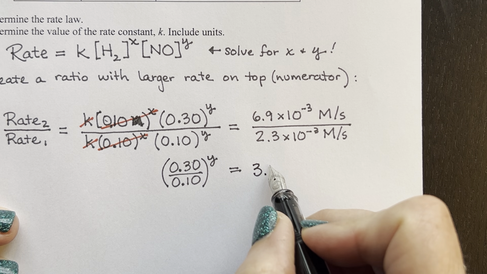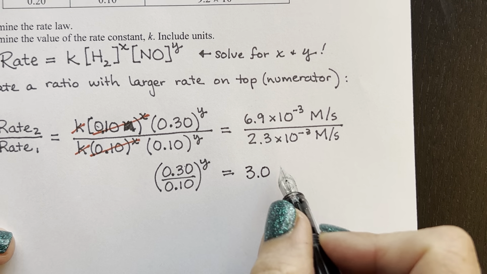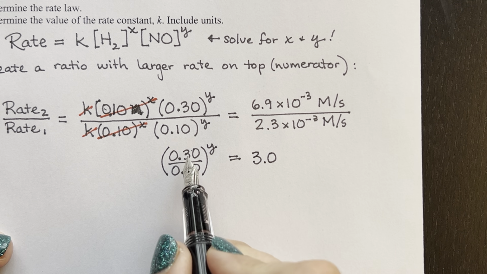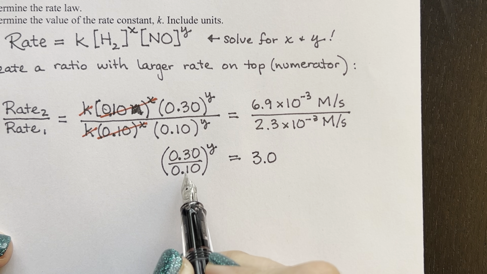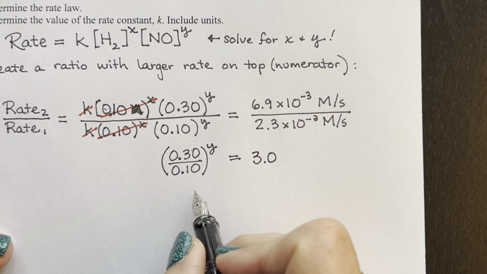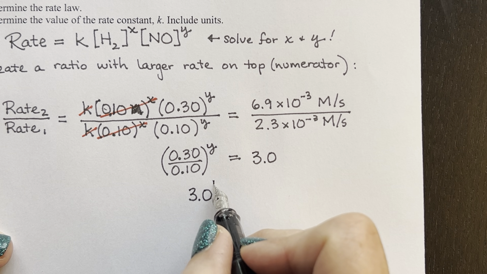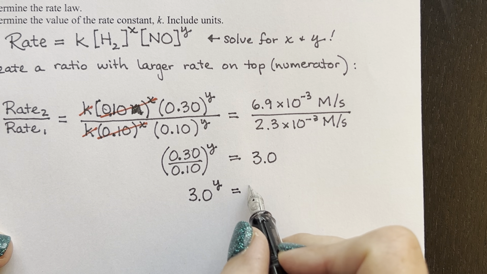If we want to keep sig figs, we could say 3.0, but it is 3. Units cancel out. What's this? 0.3 divided by 0.1. If we put that in our calculator, we would get 3.0. So 3.0 raised to the y gives 3.0.